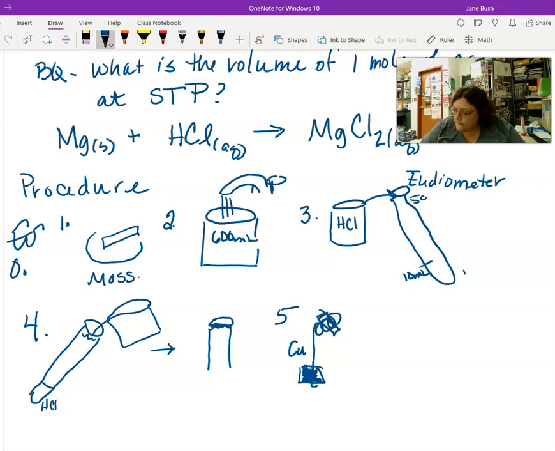So you're going to take that copper wire, and you've got your eudiometer. You're going to put the copper wire so that the stopper goes in, and you're probably going to lose a little bit of water. A little bit of water is going to leak out, and that's okay.